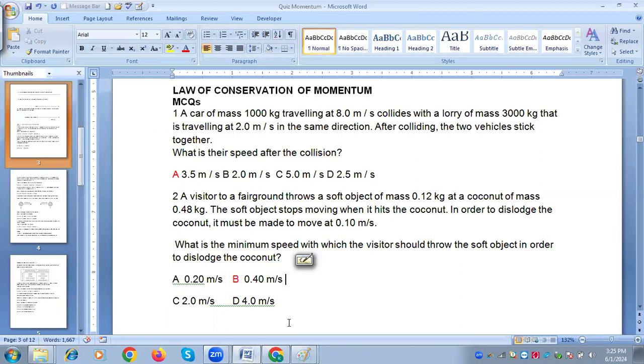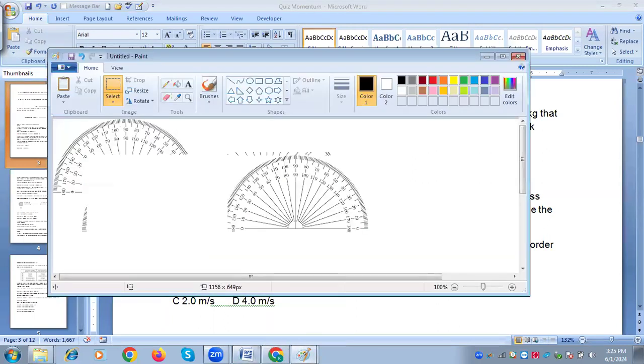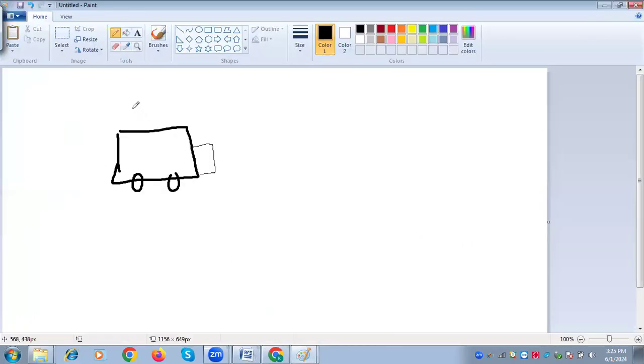It's a car. It's not a toy car. Mass is 1000 kg traveling at 8 meter per second. So 1000 kg, and it is traveling, suppose towards right, 8 meter per second.